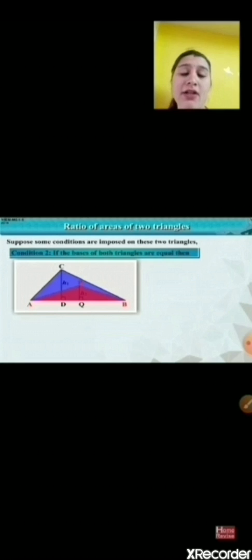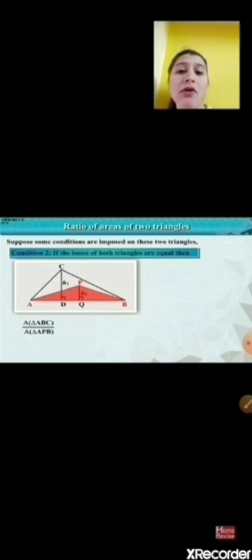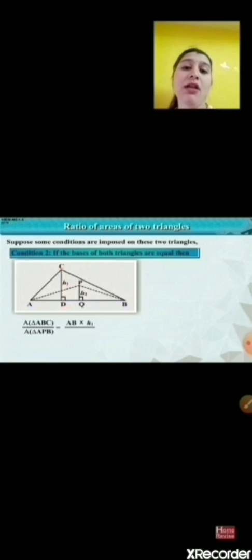Second condition: when the bases are common. Triangle ABC upon triangle APB. When I am talking about bases being the same, it is AB into H1, AB into H2. AB and AB will be cancelled.